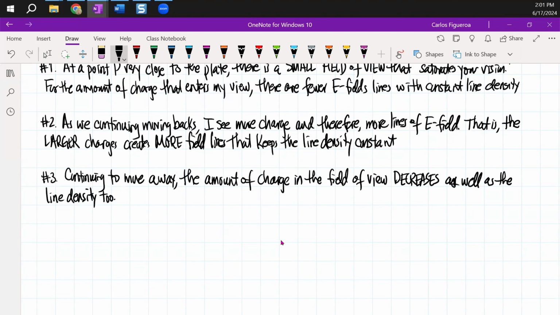As a consequence, the condition of R being much, much bigger than Z is not being met anymore.